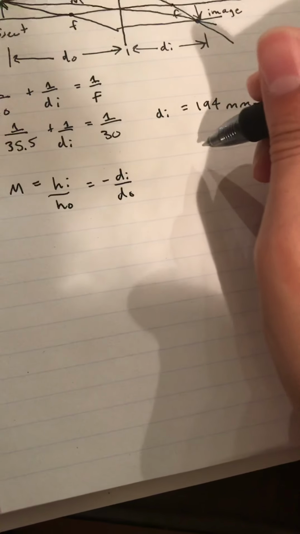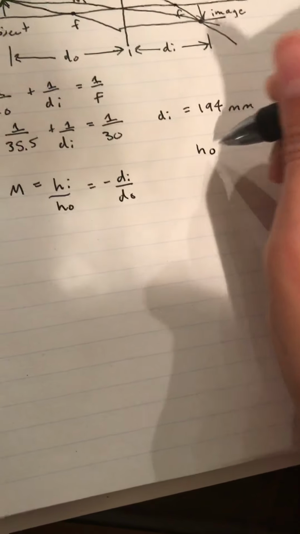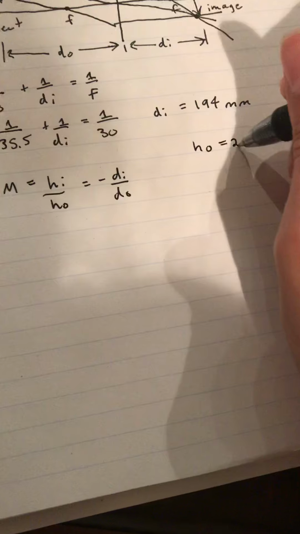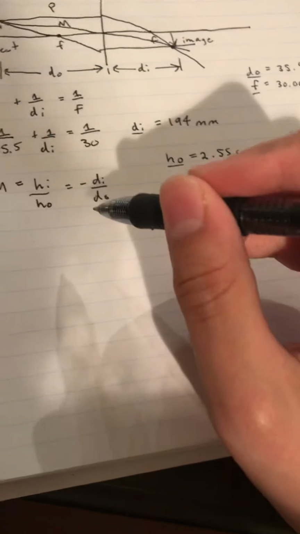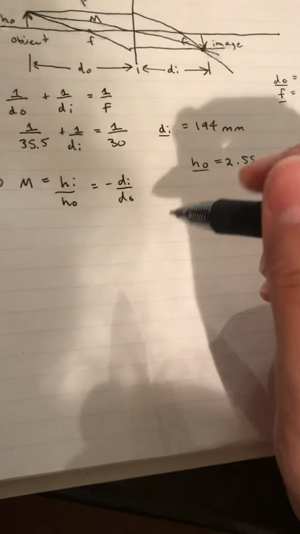And I will also add over here that I didn't write down the height of the object is 2.55 centimeters or 25.5 millimeters. So we have all of these things here that we could plug in if we needed to. We don't need to plug the focal length in here though.